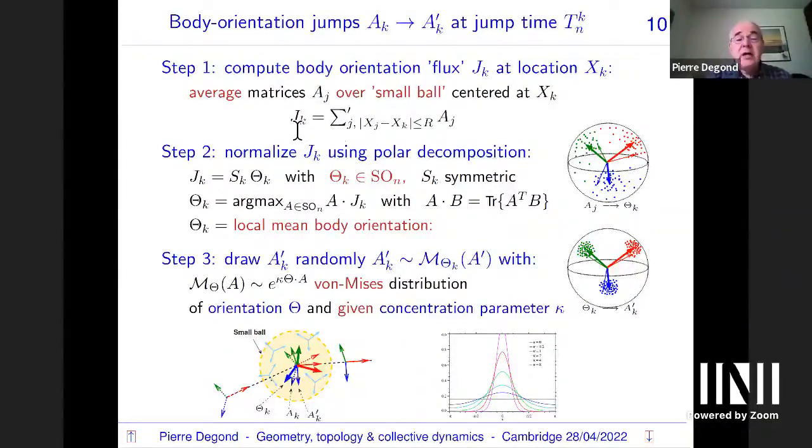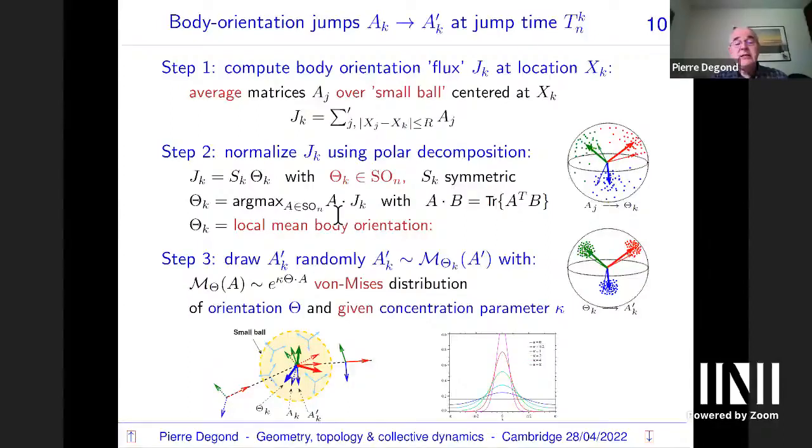And that gives you what I would call a body orientation flux, JK. But of course, this matrix isn't a rotation matrix. So we need to normalize it to restore a rotation. And for this, we use the polar decomposition, which means that if JK is not singular, then you can write it as a product of a symmetric matrix SK and a rotation matrix theta K. And actually, you can write theta K as a solution of this maximization problem.